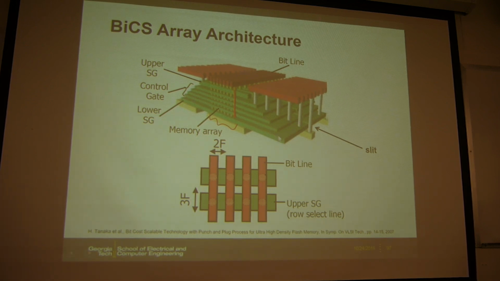And then the green layers are the word lines. And then at the very top, you have the bit lines. And then here we have a staircase of the word lines, because we need to make a contact wire to each layer to control the word line. So here, those are the word line controls.